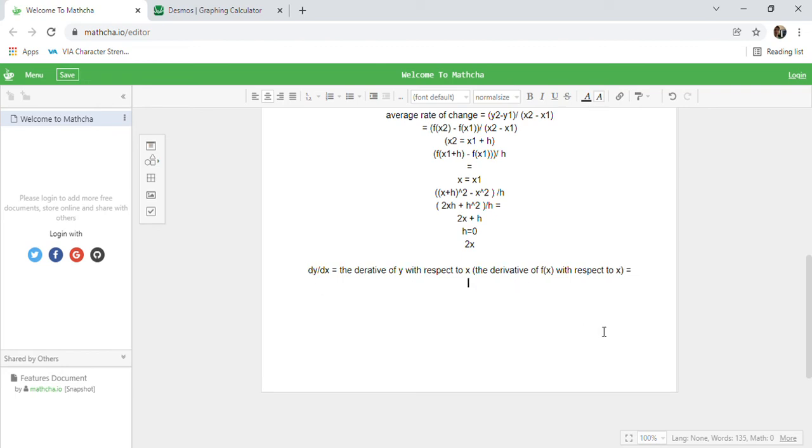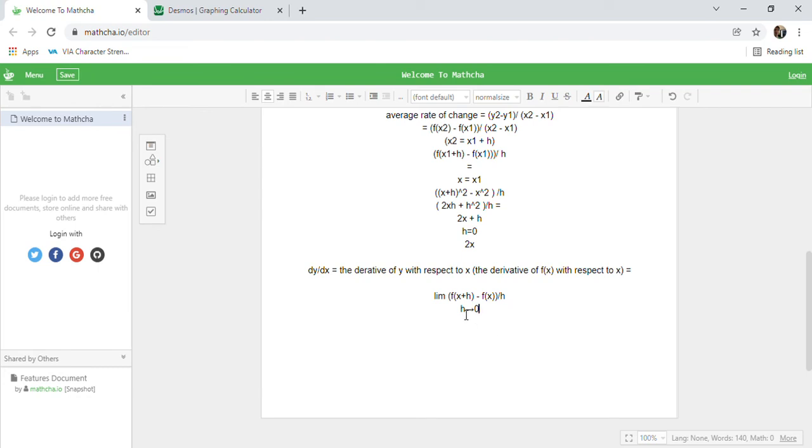That, as a formal definition, is equal to the limit of f of x plus h minus f of x, all divided by h, as h approaches 0.